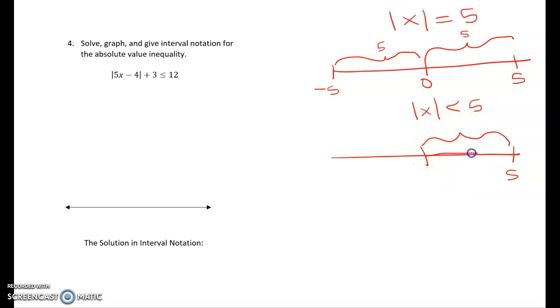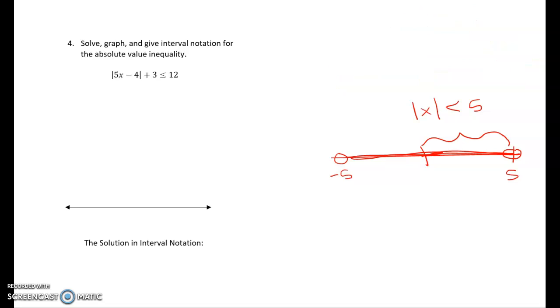Anything in here would be included, because that's less than 5 spaces from 0, or -5, because that's also 5 or less spaces from 0. Okay, so that's what we're looking at when we have an absolute value. So let's keep that in mind as we solve this.